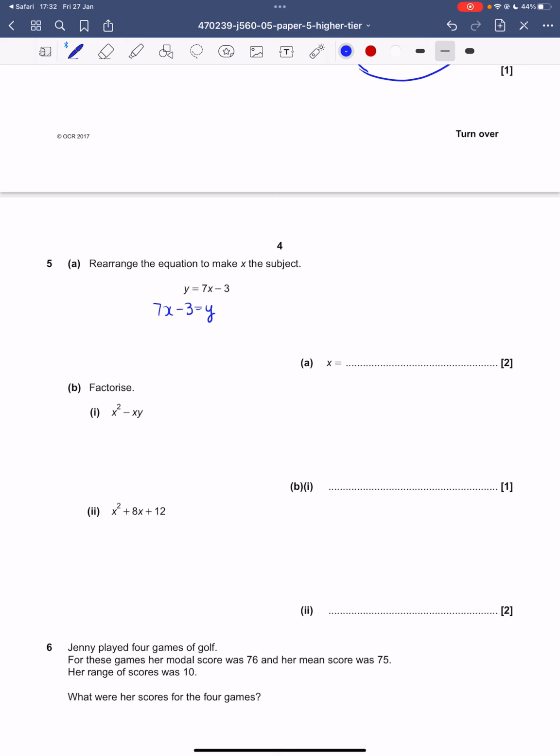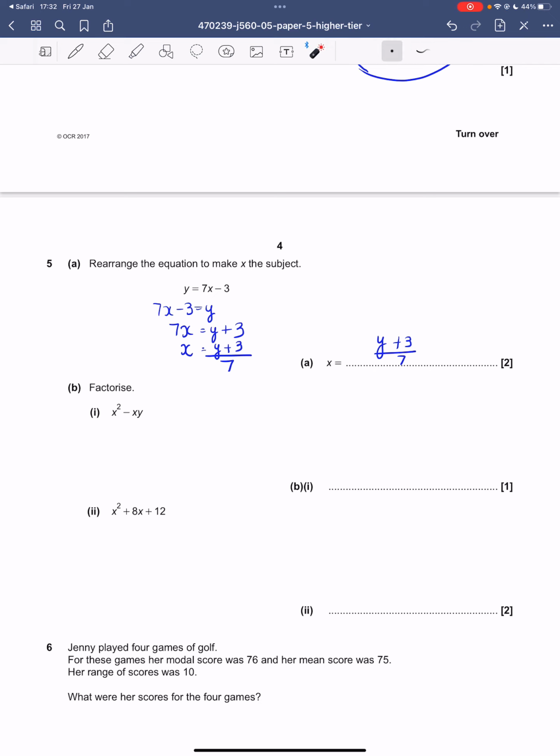So first thing we'll do, we need to get x on the left-hand side. So we say 7x equals y plus 3. So minus 3 on the left, plus 3 on the right. And then 7 times x on the left. We can divide by 7 and everything on the right. Y plus 3 divided by 7.